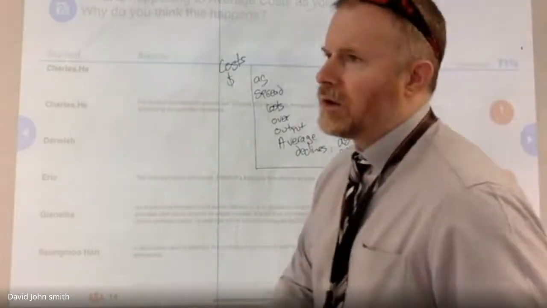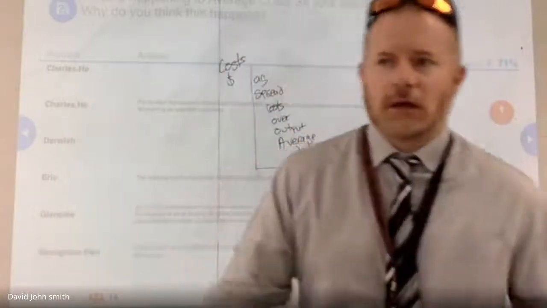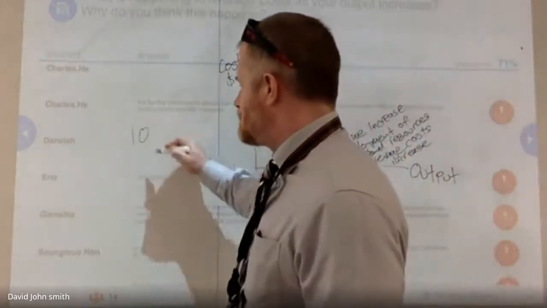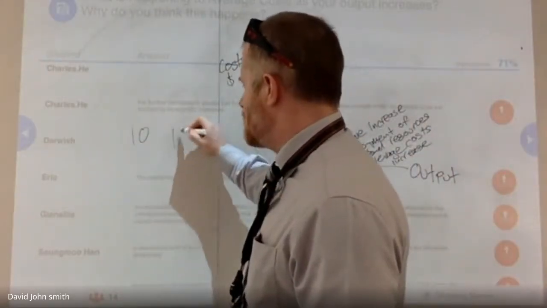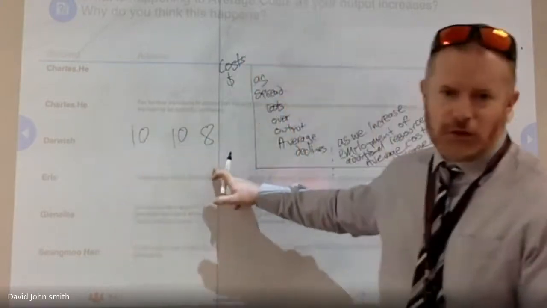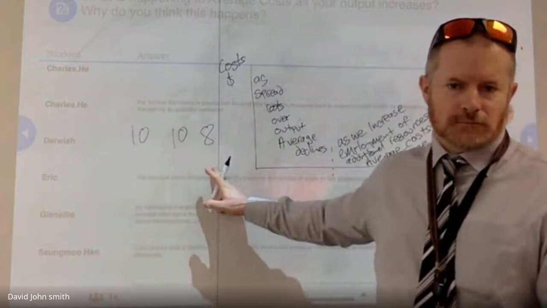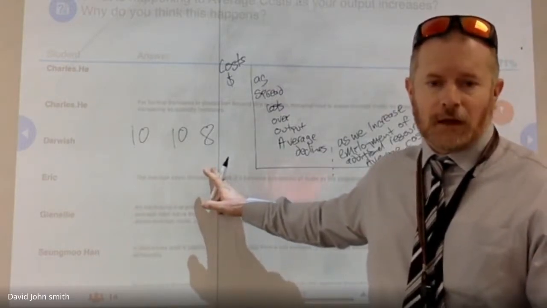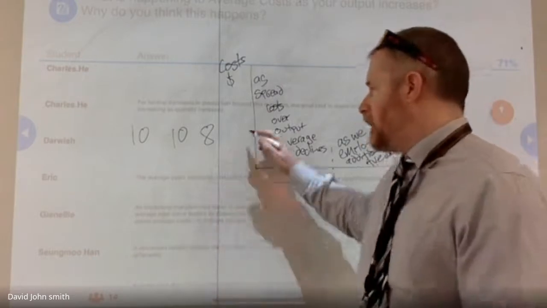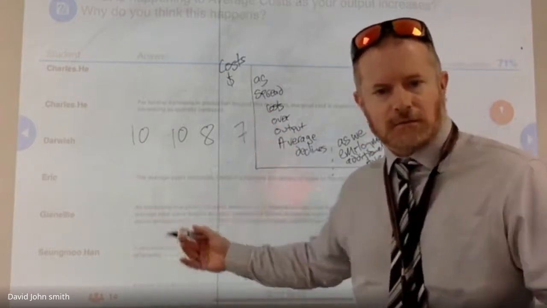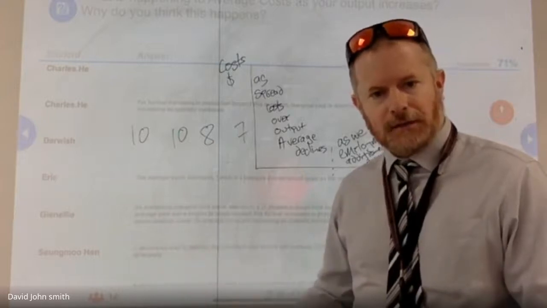You scored 10 out of 10 for that one, 8 for that one. So what's happened to your average? It decreases. Yeah. So you add more, you only got 7 for that one. That's decreased again.